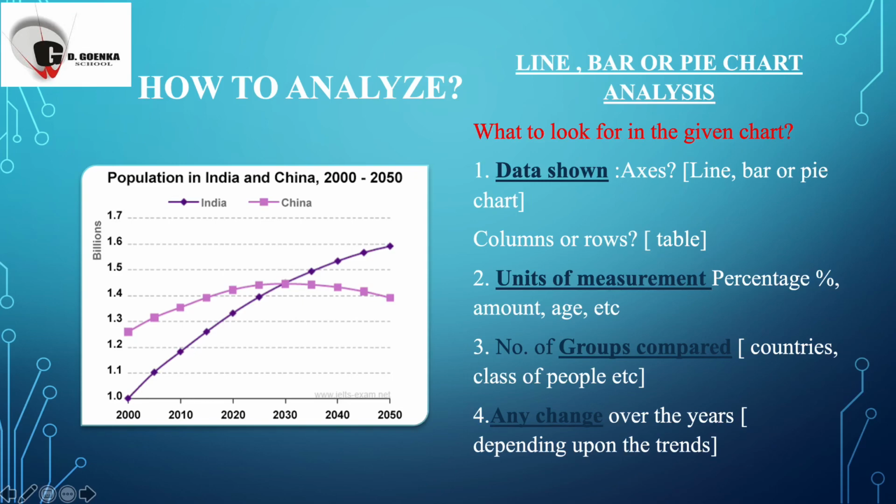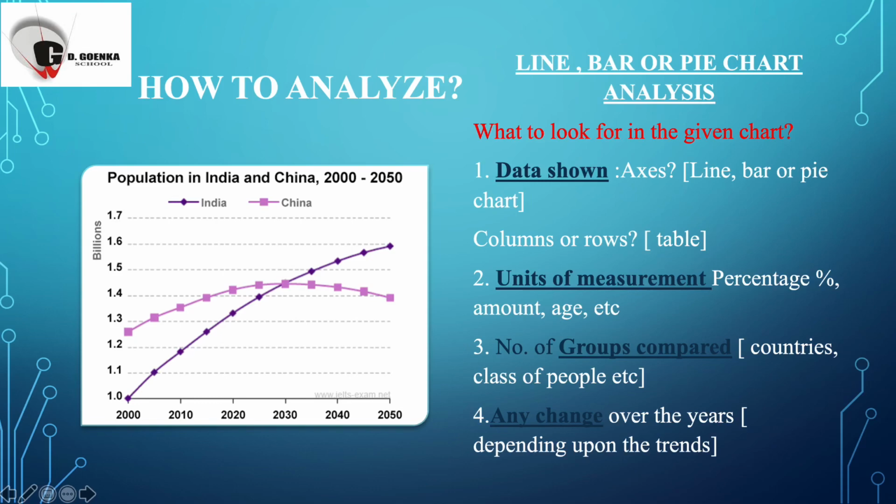Not always, but usually time on a line graph like this. Moreover, it can also represent year or some other activities etc. And if you have a table, then you can ask what kind of data is shown by columns and rows.